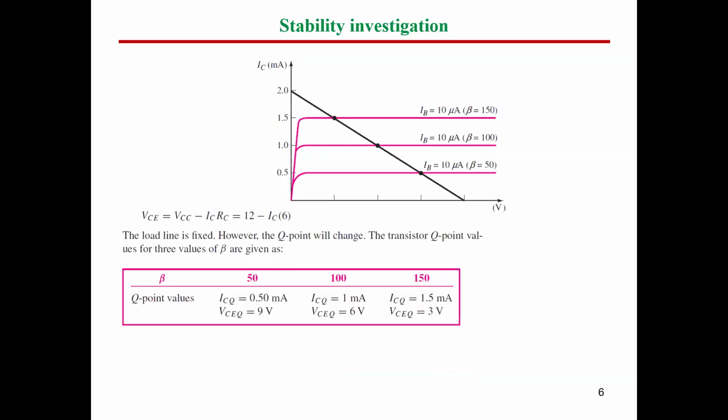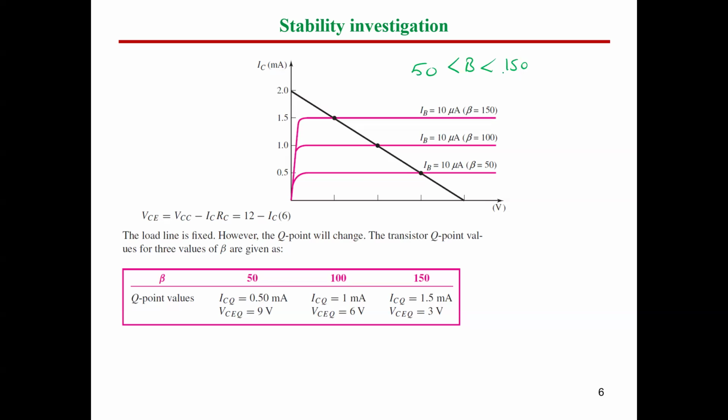Okay. Now, regarding the stability of our circuits, what's the meaning of stability? In order to investigate the stability of this biasing technique, we will assume that the range of our gain, beta, is from 50 to 150, and see how big the difference is in IC and VCE.